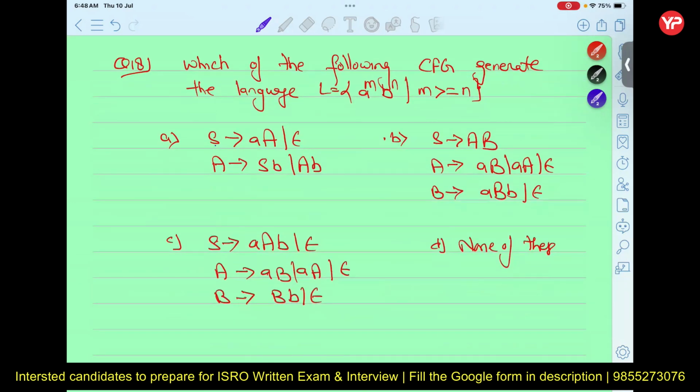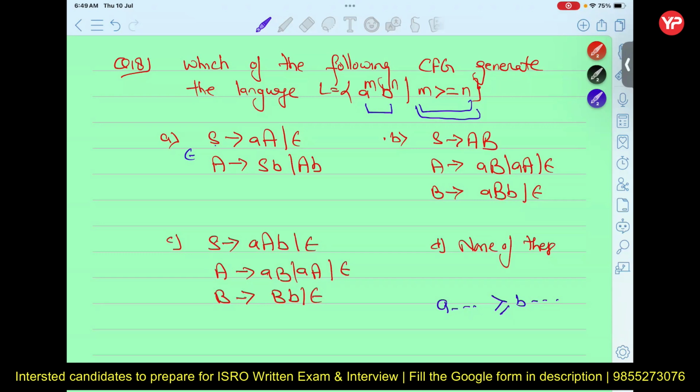Which of the following CFGs generates the language L, where my language is a to the power m, b to the power n, where m has to be greater than or equal to n. That means the number of a's has to be greater than or equal to the number of b's, and a's come first, then b's. So from here, the first one is epsilon.